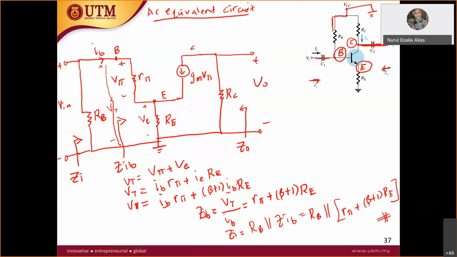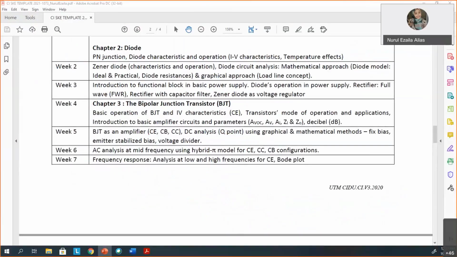I will show you the derivation, but finally after the derivation, Z out is actually equivalent to the RC. Before I derive the Z out, which is much more complicated, I think I will derive the voltage gain first.